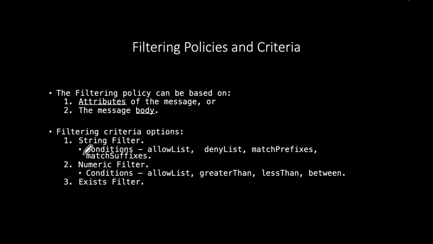If the value is a numeric value, you've got these condition tests that you can do. And the third is you can express a filtering criterion which just says, if a particular property exists, then let it through. If it doesn't exist, don't let it through. You don't care about the value of the property, only its presence or absence. I'll explain them by means of example.